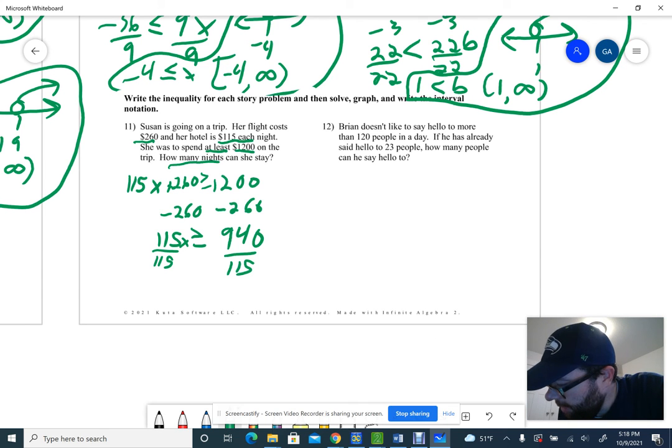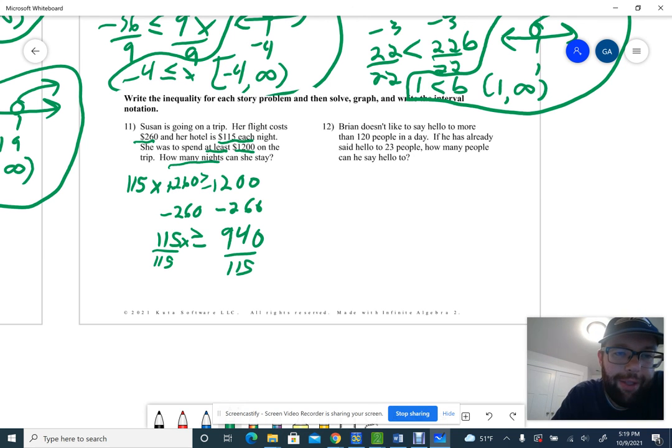And 940 divided by 115 is 8.17. So realistically, they're not going to let you stay 0.17 of a night and charge you for 0.17, right? So she needs to stay actually 9 nights because 8 is not going to be enough. So 9 is the more realistic option there, right? Sign stays the same.